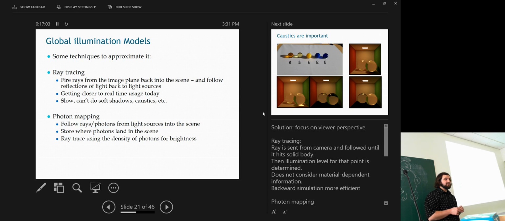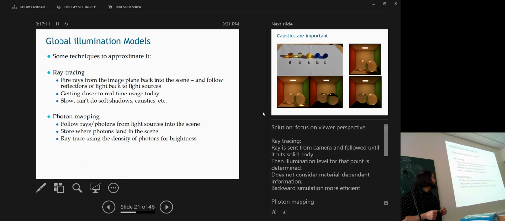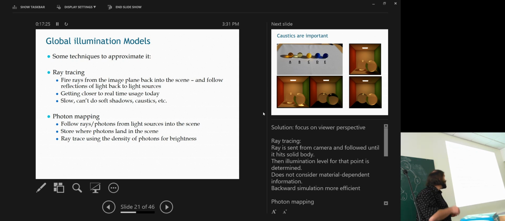When you start from the eye, you go to the point, find the light source and calculate that area, but you can't really model caustics, which are a result of refractions, and also soft smooth shadows that result from several bounces and indirect illumination. And it's pretty slow.